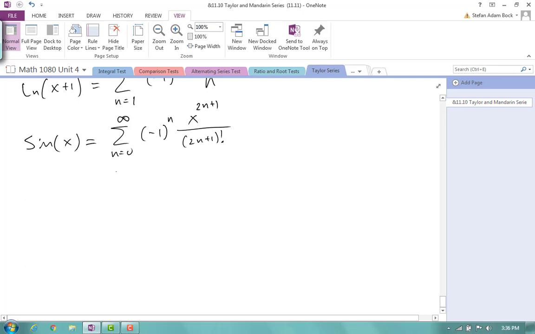So I should note here that for this Taylor series, the index n does not equal the degree of the polynomial.